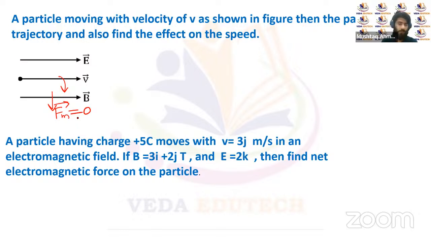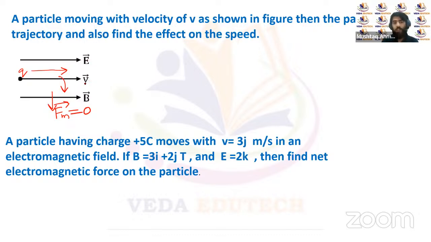Now the second case: there will be a force because of the electric field as well, because the charge is present here in the presence of an external electric field. There will be an electric force as well on this particle. Let's suppose that this is a positively charged particle, plus Q. Then the electric force will be along the direction of this electric field.